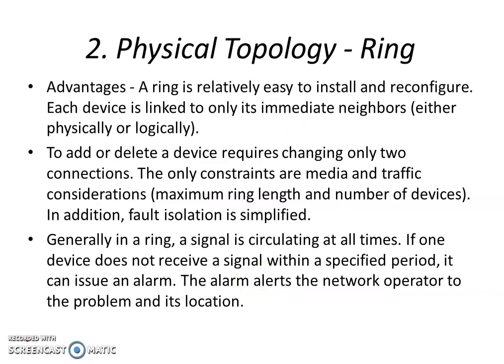So the advantage of ring topology is that it is relatively easy to install and reconfigure. Each device is linked to only its immediate neighbor. The meaning is, if any one of the links is broken, then the device cannot communicate with its neighbor. It is relatively easy in the sense we are going to connect the system with only two neighbors, not more than that. To add or delete a device requires changing only two connections.